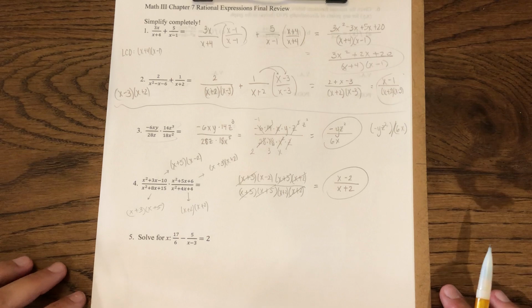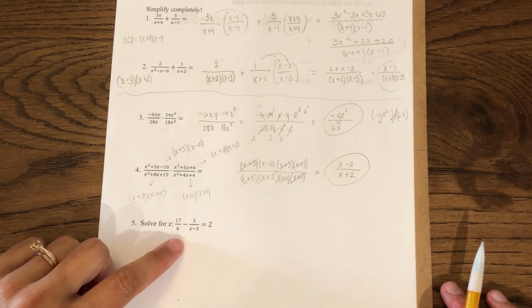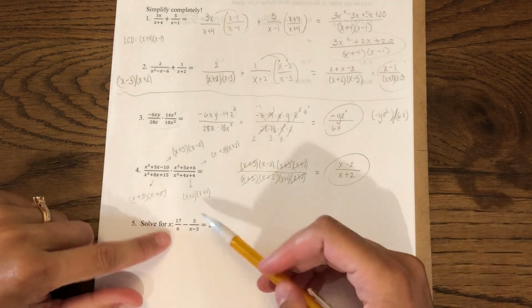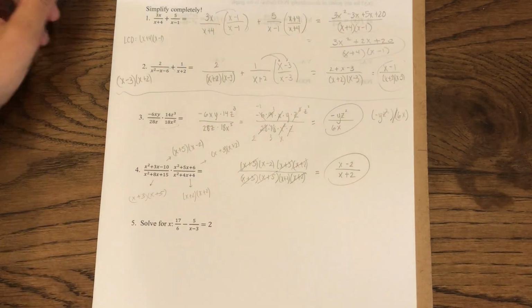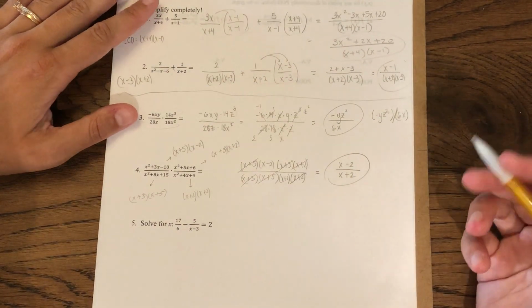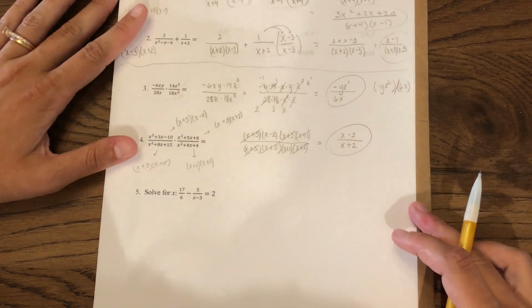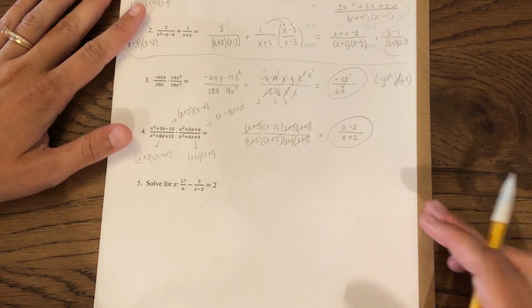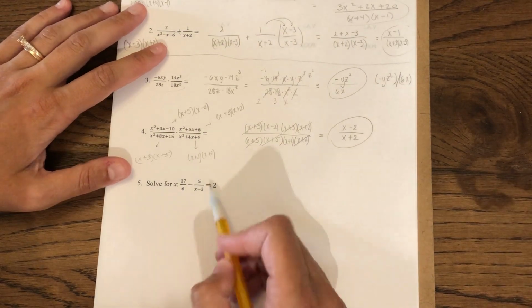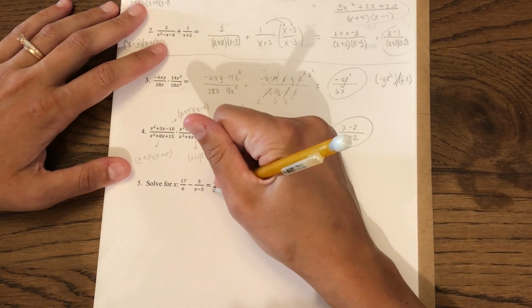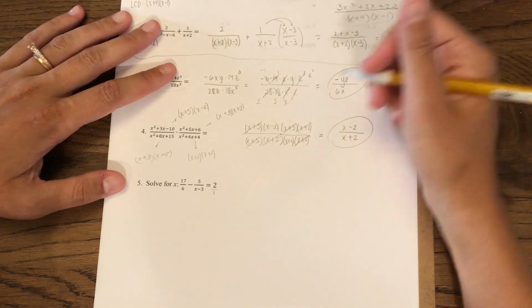For number 5, it's solving a rational equation. So this is an equation because we've got something on both sides of the equal sign. So it's just like these first problems, but we actually need to solve for the value of x. So to do this, because we've got fractions, we want to come up with the least common denominator.